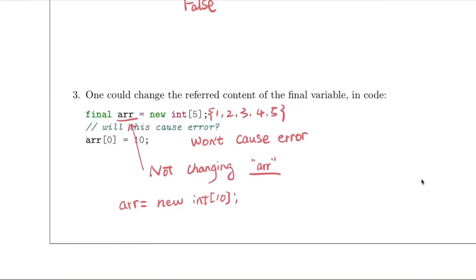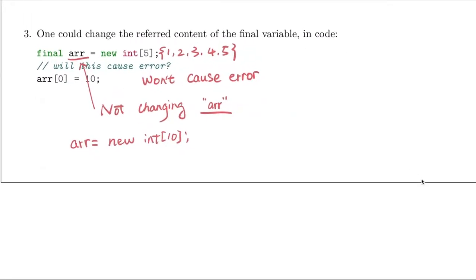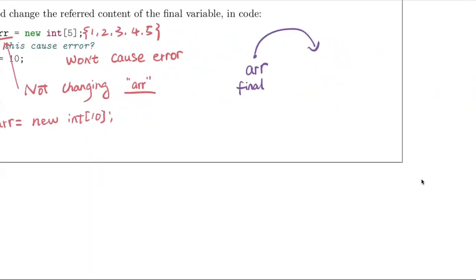So let me draw a little diagram here to better illustrate the issue. ARR is a variable, a final variable. And that's a pointer, right? That's a pointer that points toward an array with size 5. So it is a pointer. A pointer in Java is like a random address.